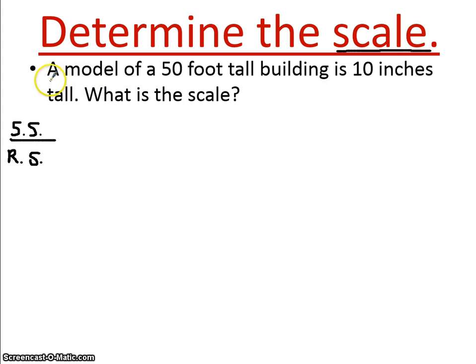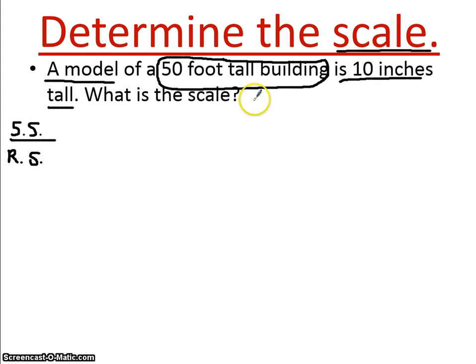Now, let's look at the situation. A model of a 50-foot tall building is 10 inches tall. What is the scale? So what's the scaled size? Well, the scaled size is the model, and we know that the model is 10 inches tall. So we write 10 inches. Two, we know that the denominator of our scale is the real size.